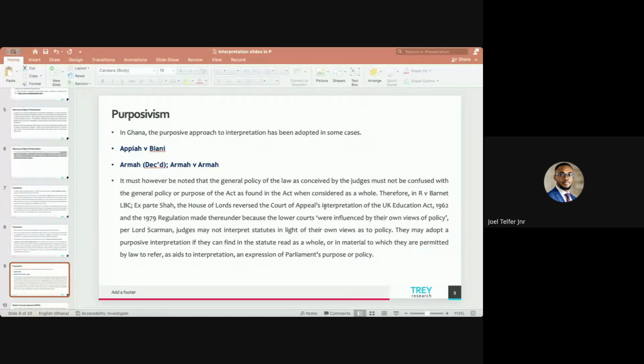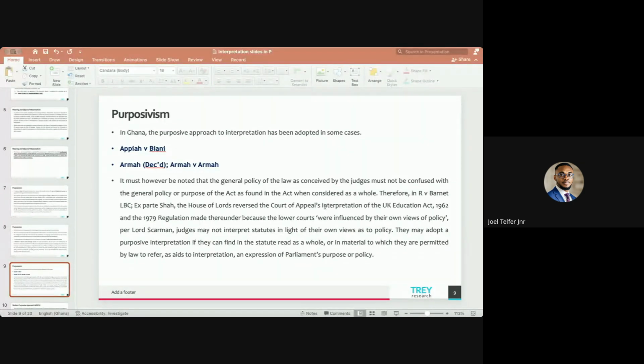And so, there are those who criticize purposivism and the modern purposive approach to interpretation as an unfettered power granted to judges to make law. And so judges, under the guise of interpretation, are effectively lawmaking. Those are some of the criticisms that people find with the purposive approach and the modern purposive approach.